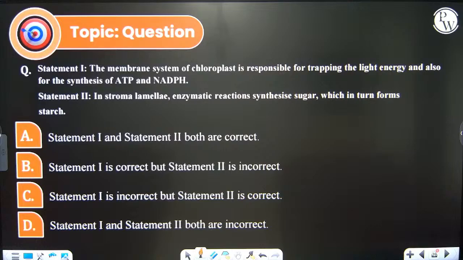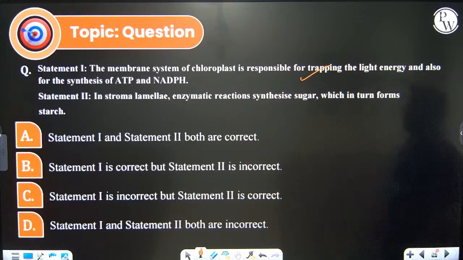What is it saying? The membrane system of chloroplast is responsible for trapping the light energy and also for the synthesis of ATP and NADPH. Okay, which is true.